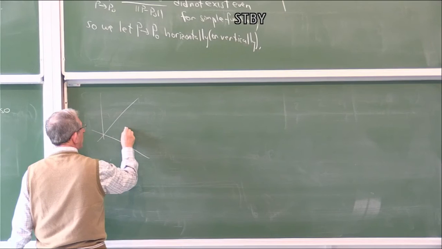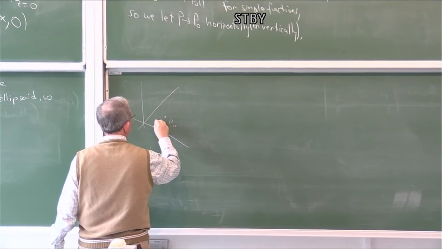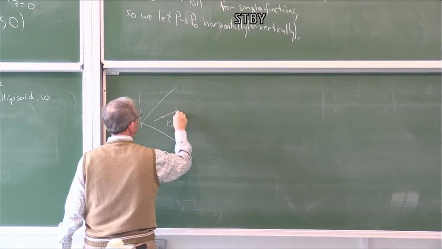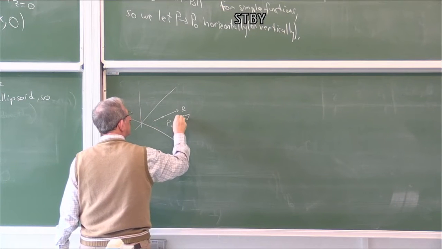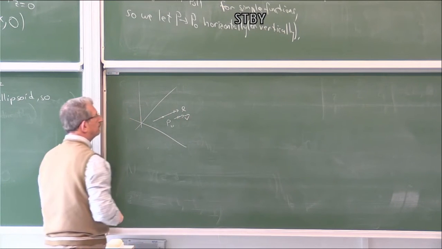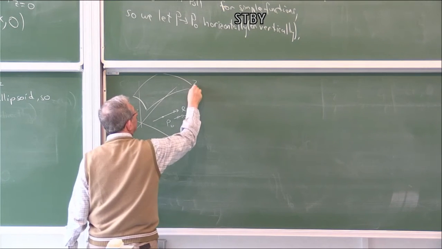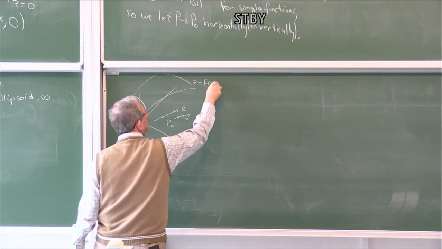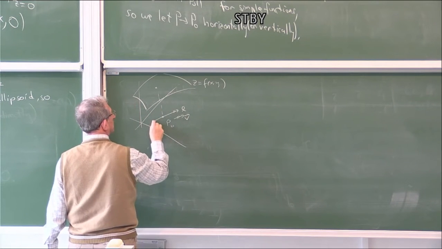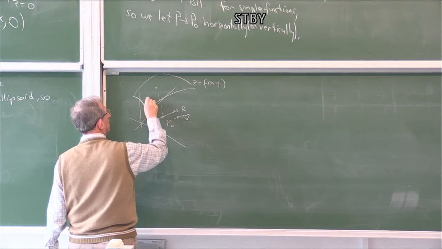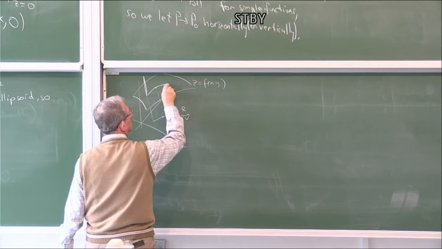We have a point p0 and, say, some line L, and hence a vector v parallel to L. At the top, we have a surface. And this gives us a curve here.